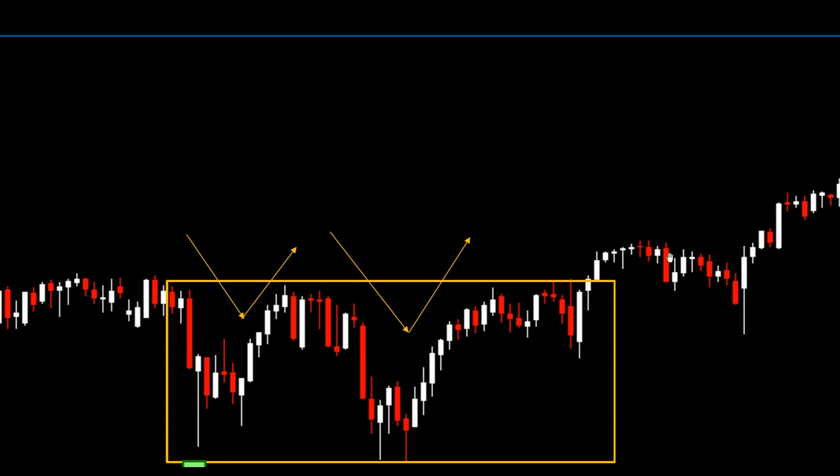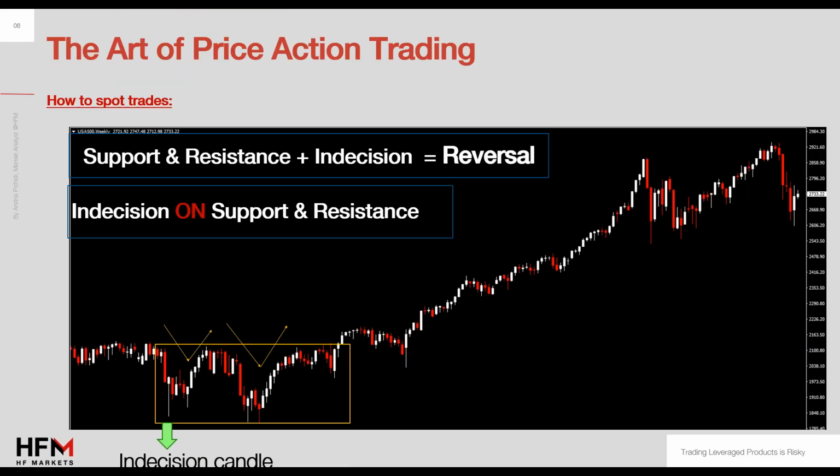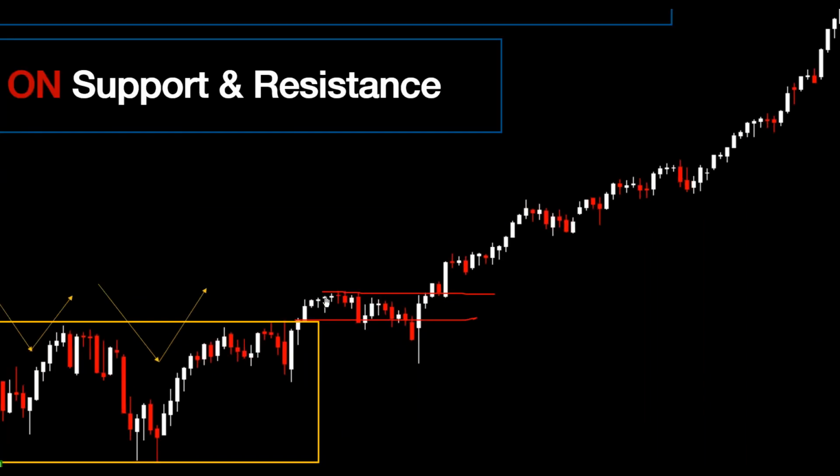That obviously took many weeks, but confirmation came as soon as we saw the asset not only holding outside the range, but eventually breaking this latest swing high that formed above the year's ranging market.